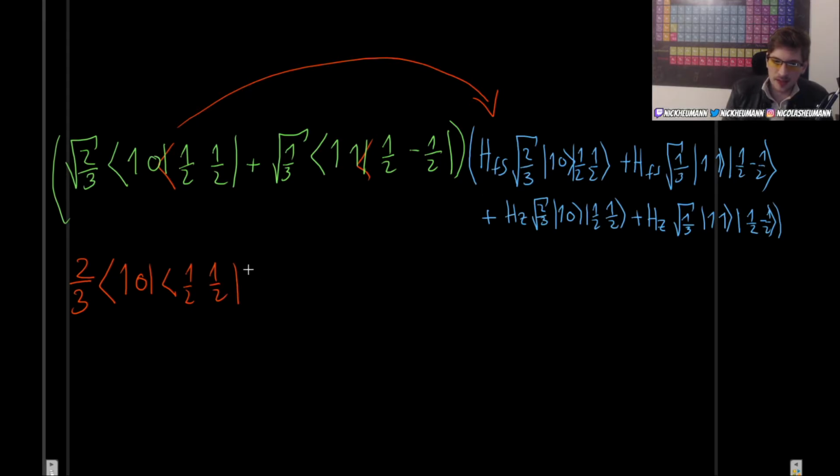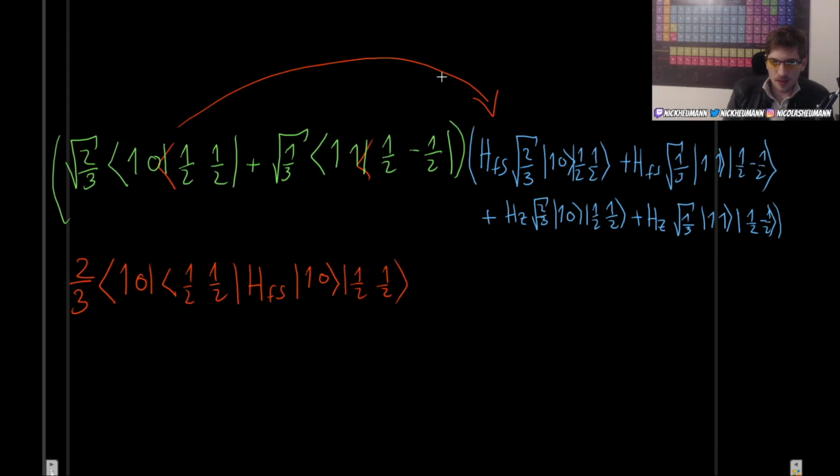And then we get the fine structure Hamiltonian, and then 1, 0, 1/2, 1/2. I think my nomenclature might look a little bit weird here, but I hope you get the gist. All right. Then we get this part, which is 0.